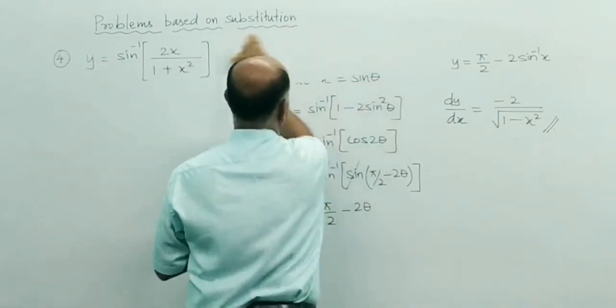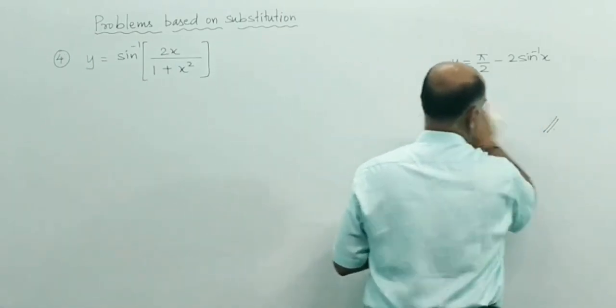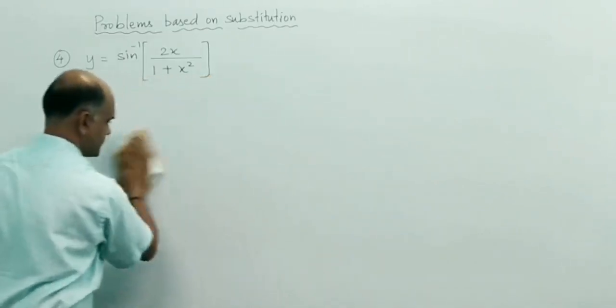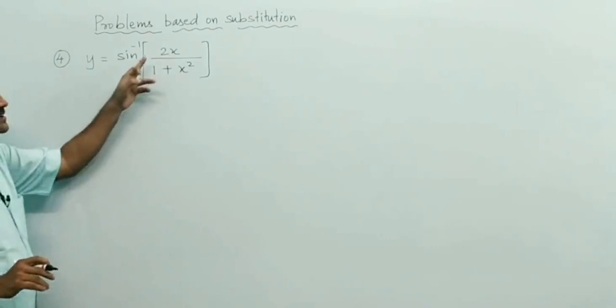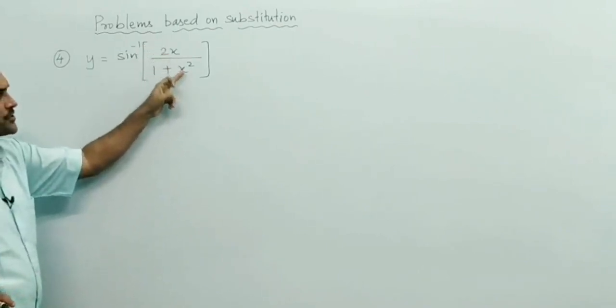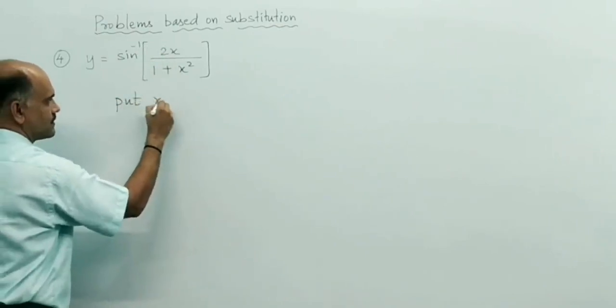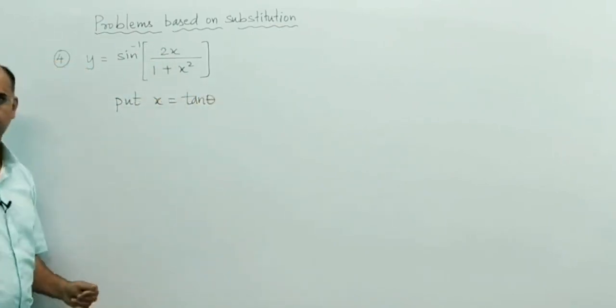You recognize by the bracket in which formula type it is. So if you substitute tan theta, you will have the formula of sin 2 theta. So put x is equal to tan theta.